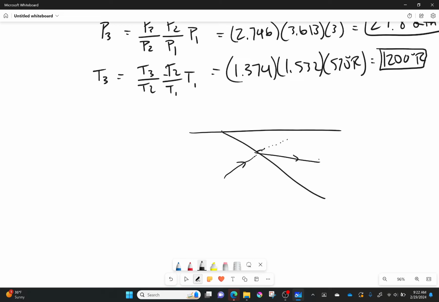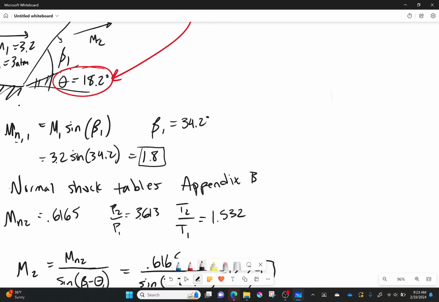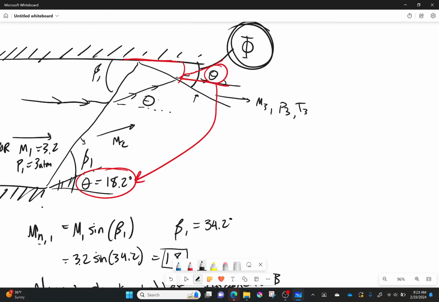This is our deflection right here. Perfect. And we're trying to figure out what this angle right here is. That looks right to me. Let me go back up here and check one more time, just to make sure I drew it all perfectly. I did draw it that way. Happy days, happy days. It looks good.